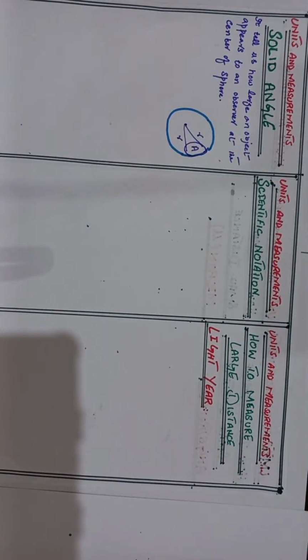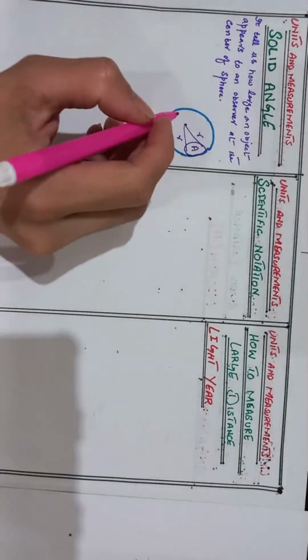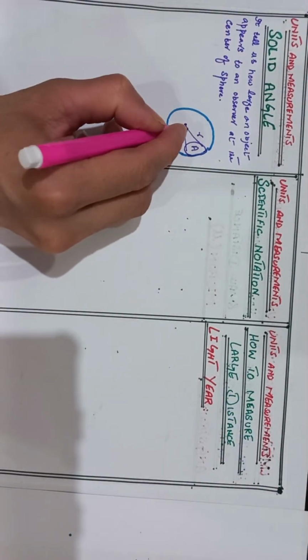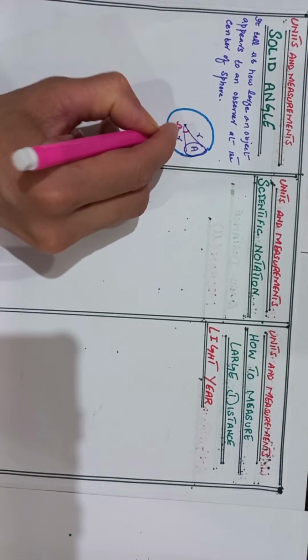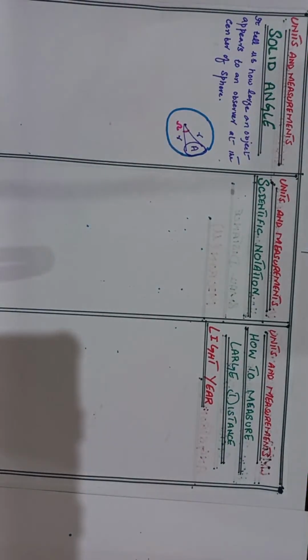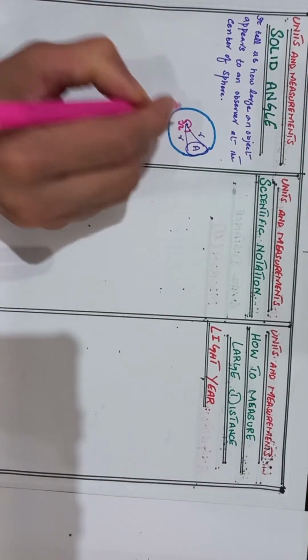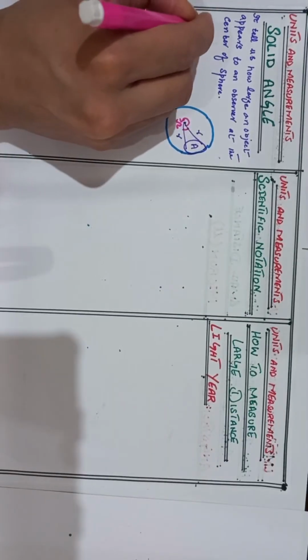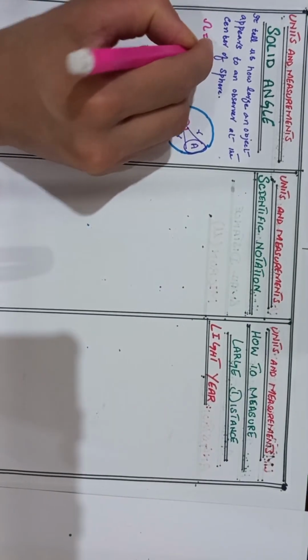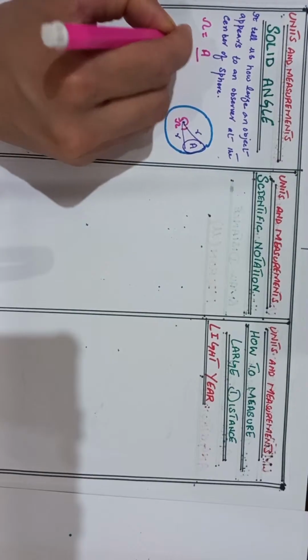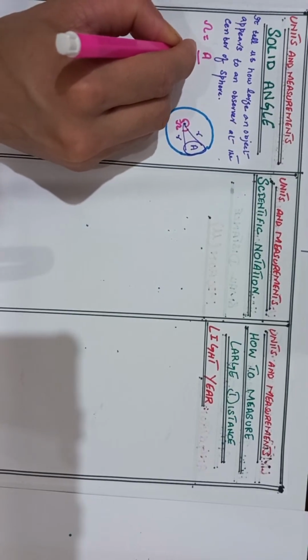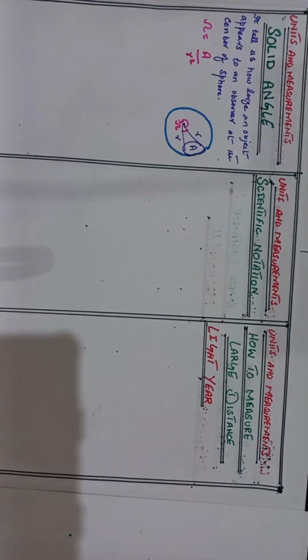So here we define the solid angle. The solid angle is defined by omega. So omega is area over the square of the radius.